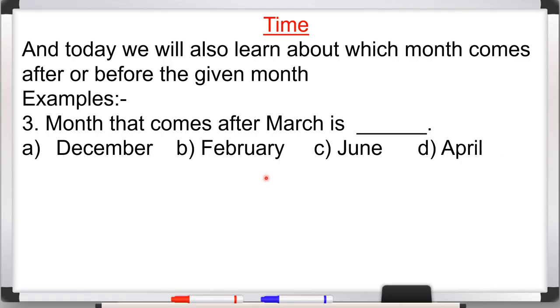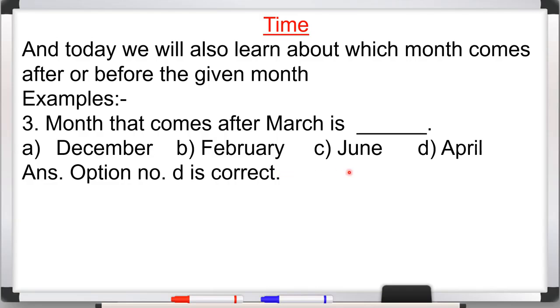So here we need to start from January because afterward is given. We will count up to the month after March. So let's start: January, February, March, April. So which month came after March, beta? That is April, and it is in option number D. So our answer is option number D, April.